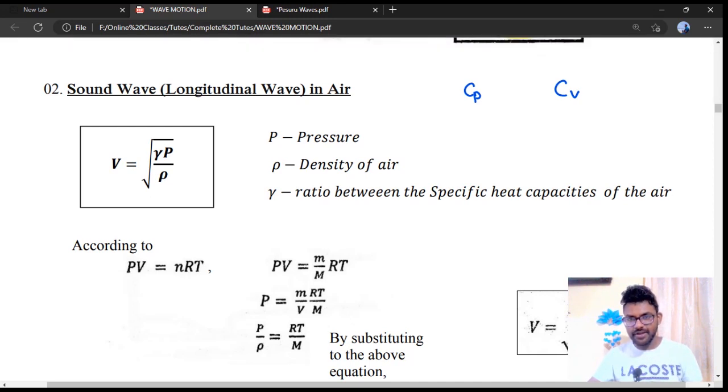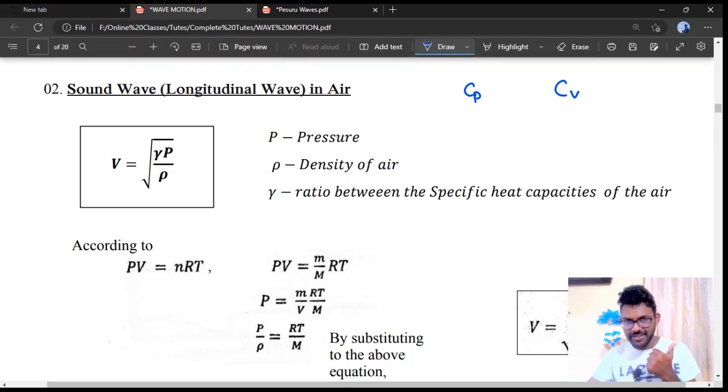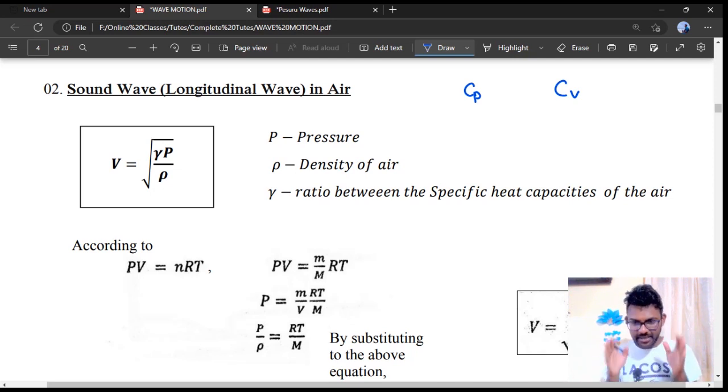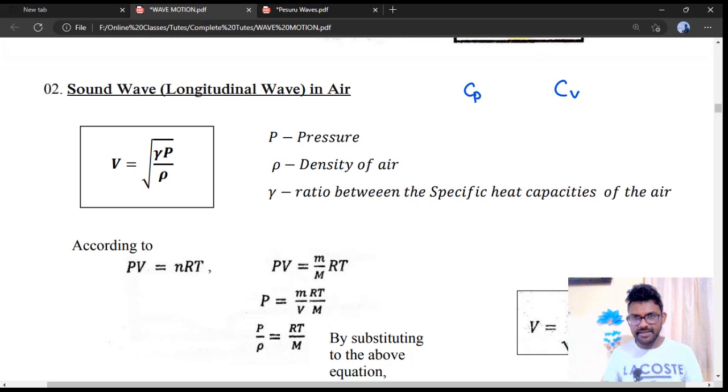I hope you referred to the note. If you can't remember it, right now we'll just check. Yes, there are two specific heat capacities. One is the specific heat capacity at constant pressure, where you are keeping a constant pressure and expanding the system to maintain that constant pressure. That means you should increase the volume.